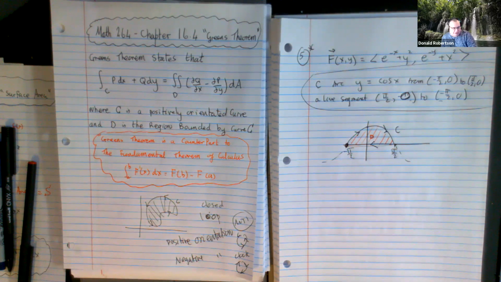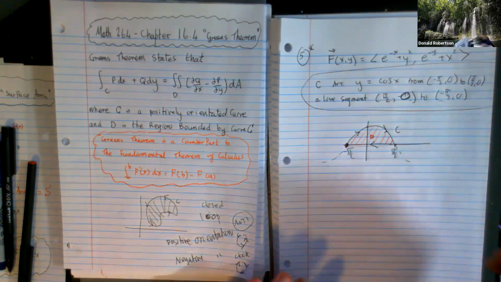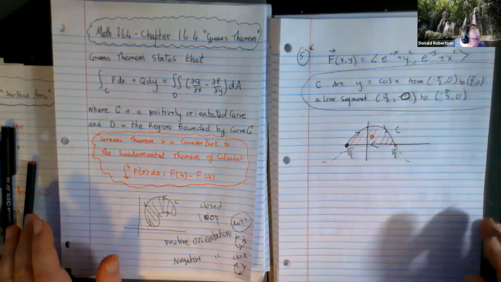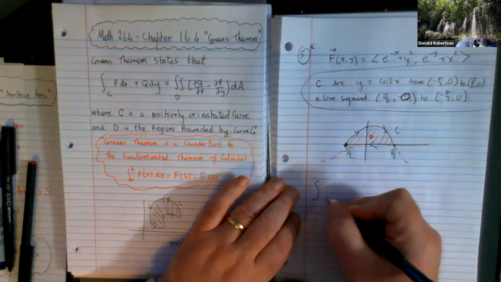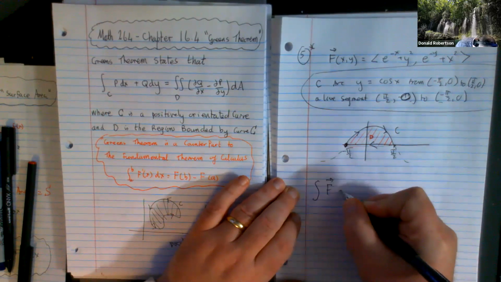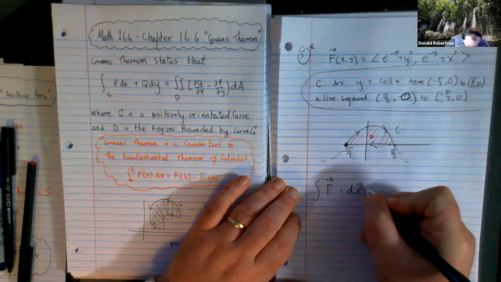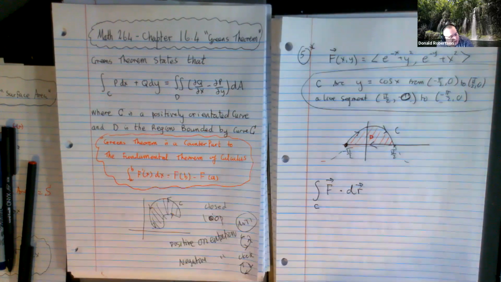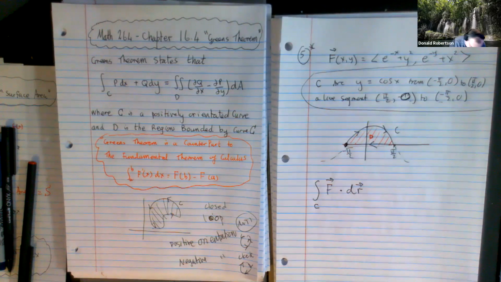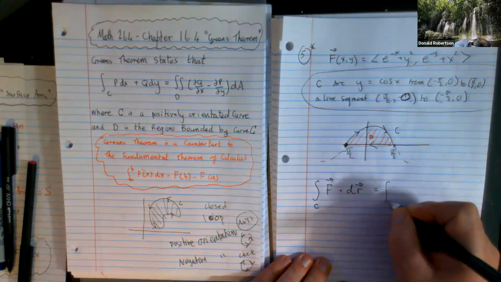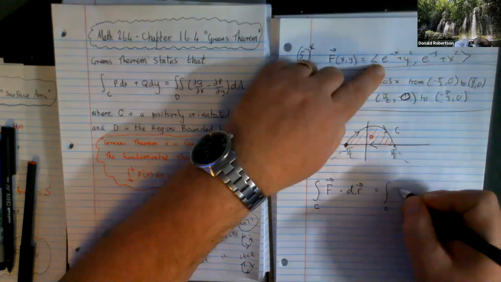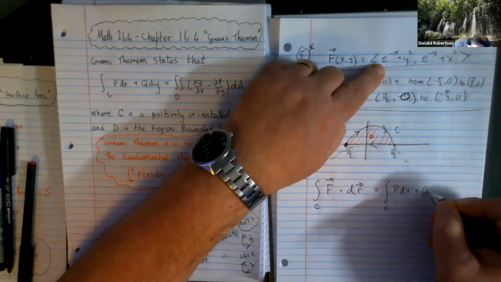So far, so good. Now, who is P and who is Q? Because we're being asked essentially to find this fella. And you recognize this fella as a line integral that calculates your work. This line integral can be written as P dx plus Q dy.